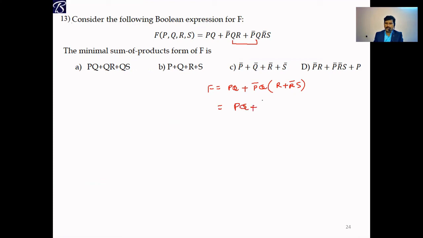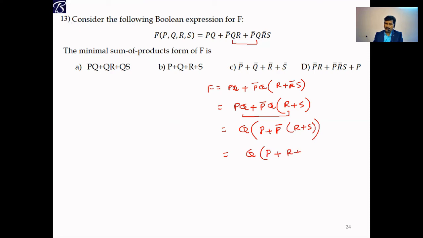This equals PQ plus P bar Q into R plus S, because we know A plus A bar B equals A plus B. Now, if you take a common Q in these two terms, P plus P bar into R plus S. This equals Q into P plus P bar into this R plus S. So this is in the form of A plus A bar B, so the answer is A plus B. So P plus R plus S, that equals PQ plus QR plus QS. So option A is correct.